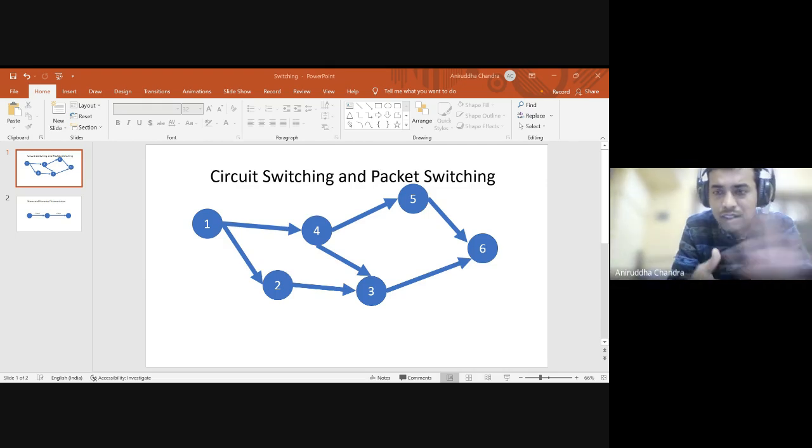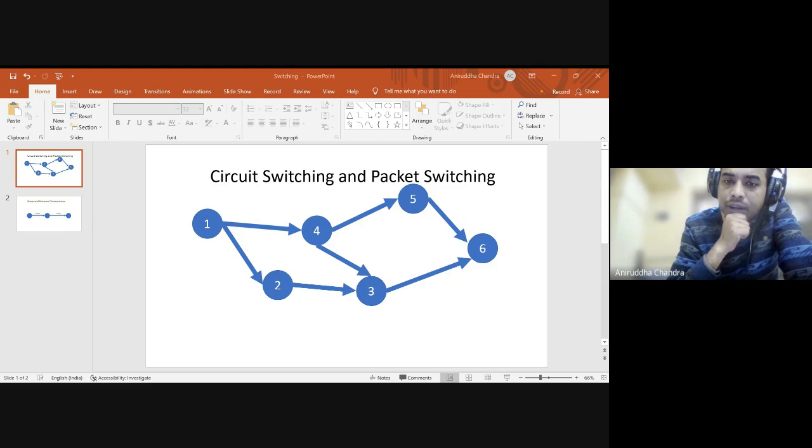It depends on the type of the arrow. Okay. So that's the idea of conveying the idea of switching. While you are connecting between two nodes in a network, there are multiple possibilities of choosing intermediate nodes and links. Such kind of choosing action is known as switching.